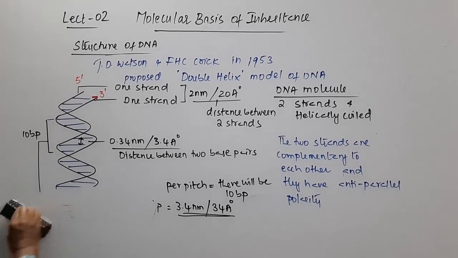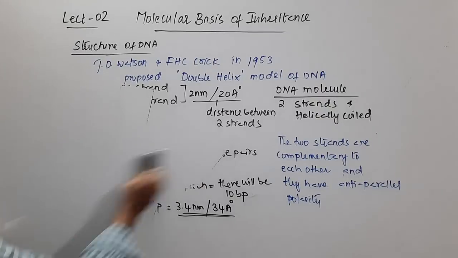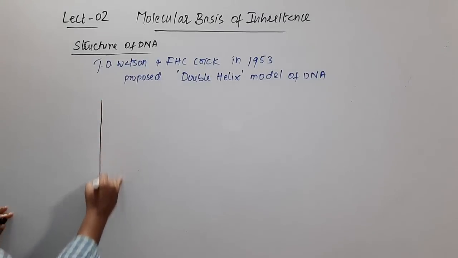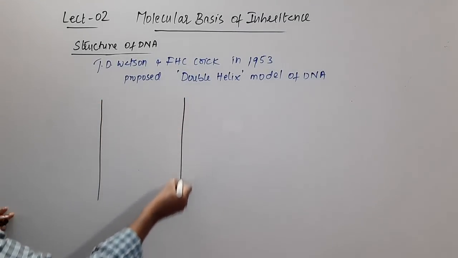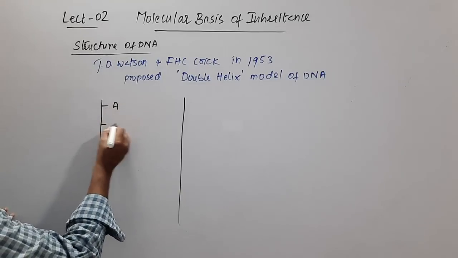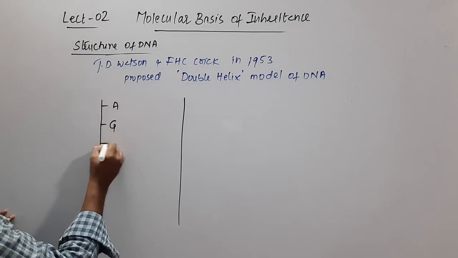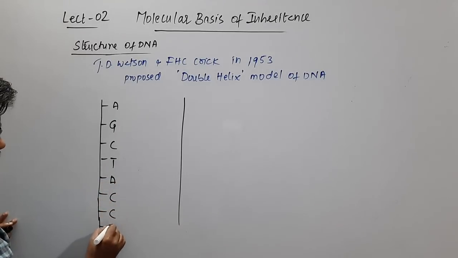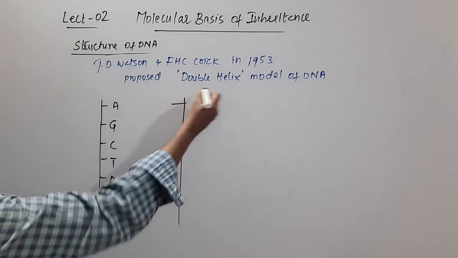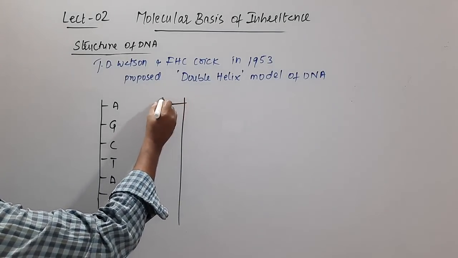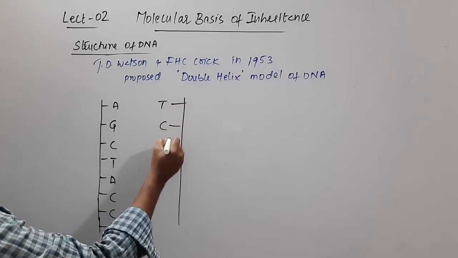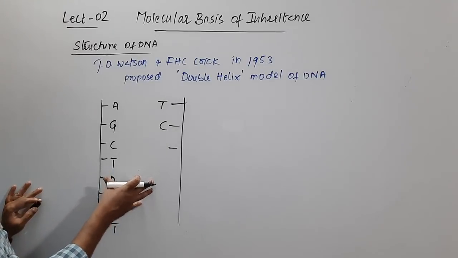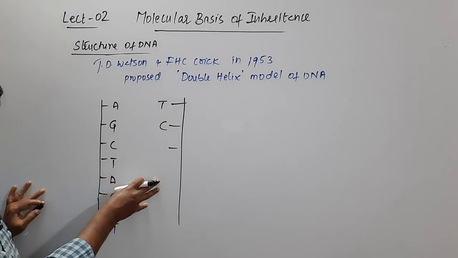So let's see, by uncoiling it, here this is one strand, and this is another strand, T C. I told you that the two strands are complementary to each other.